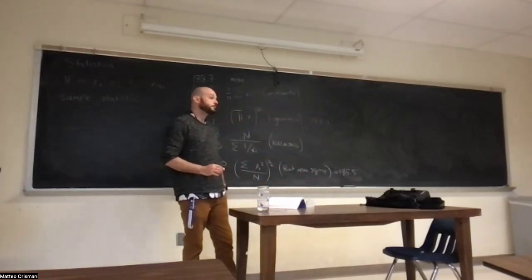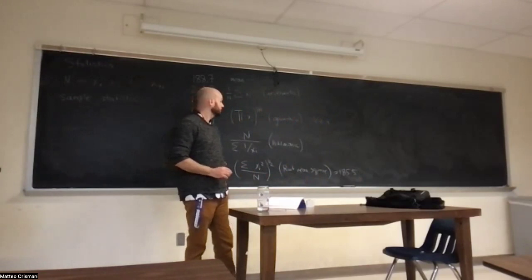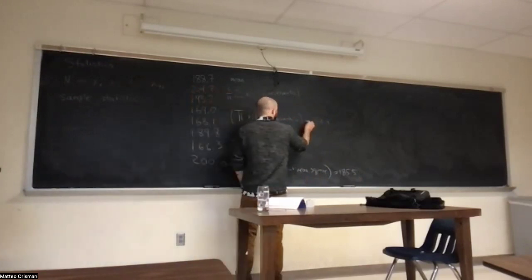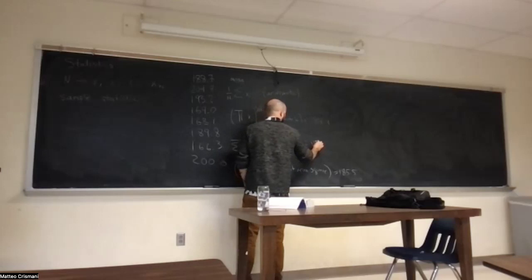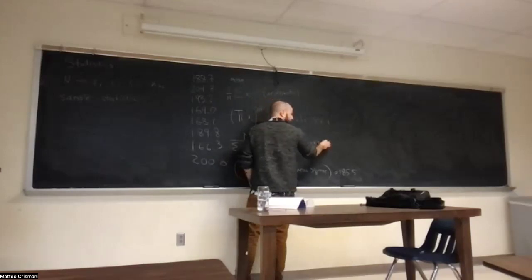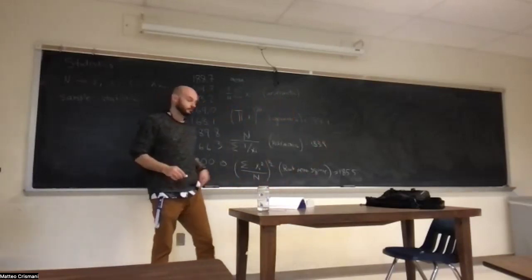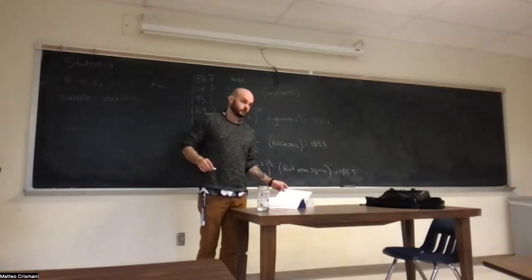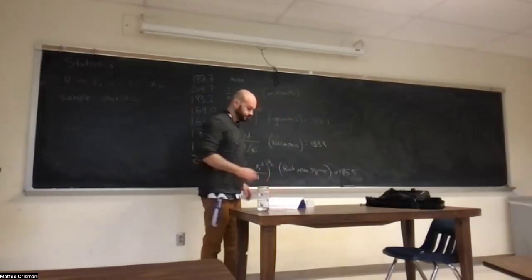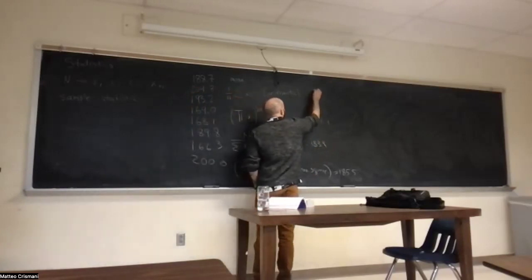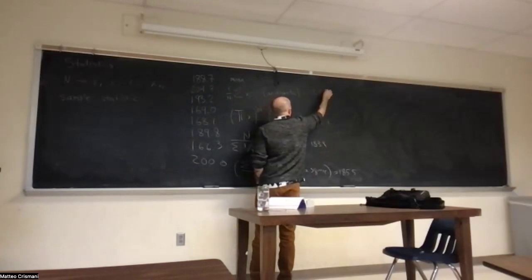What do you have? 183.879. What was your first digit? 184.975. Okay.